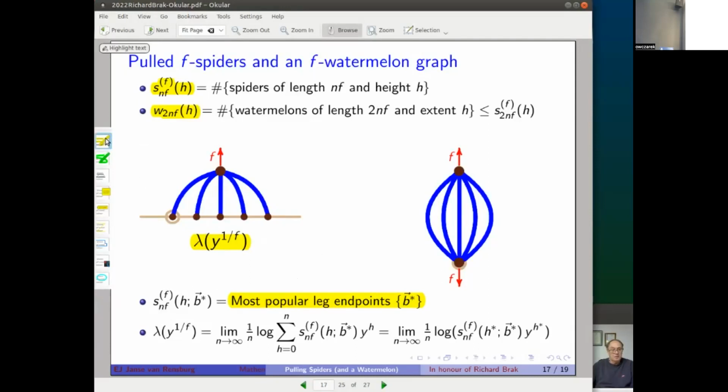And when you use your most popular class argument, you see that this free energy lambda to the 1 over f is certainly equal to this limit over here, where I've replaced the spiders by spiders where I simply fix the endpoints of the legs at most popular positions.